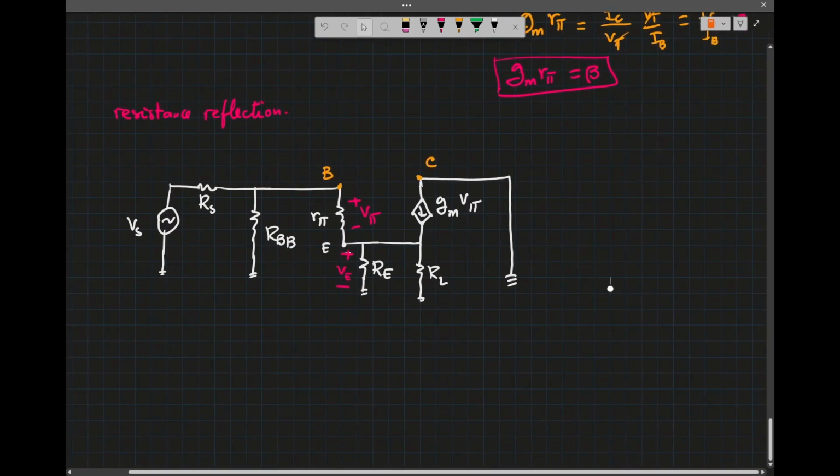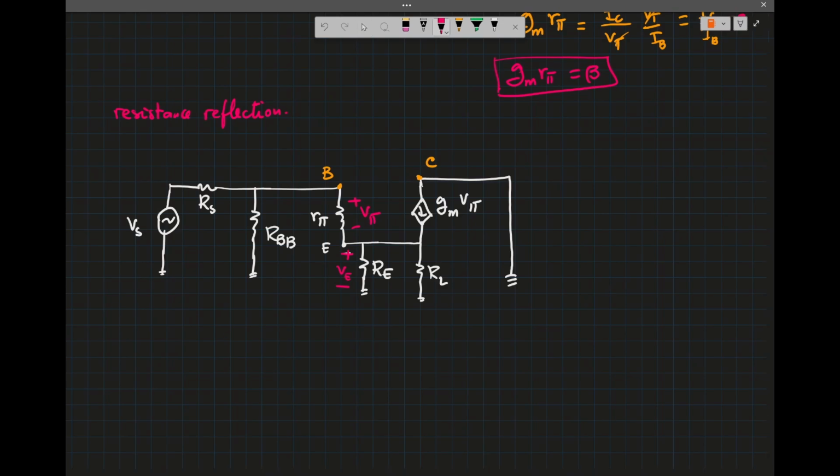I can draw the network like this because it makes it easy to compute the gain. Otherwise you could just do KVL and KCL and find it, but this is done quite a bit, so I wanted to show you how to do that.